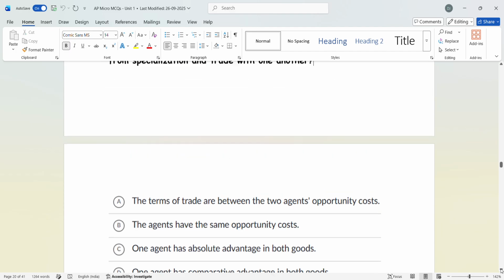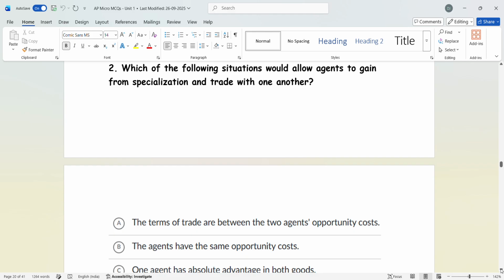Okay. Second question being this. Which of the following situations would allow agents to gain from specialization and trade with one another?